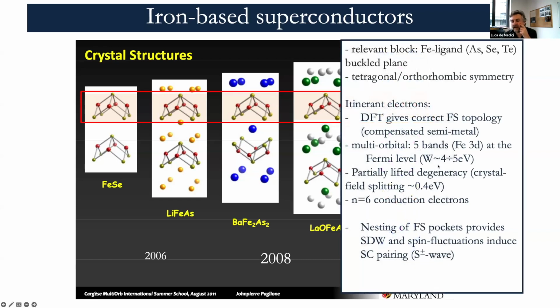And this plane has a partially lifted degeneracy, but all 5 orbitals are participating to the conduction bands, are of 3D origin of iron, and they host 6 electrons in 5 conduction bands. So this is not half-filled, but is the next integer filling.